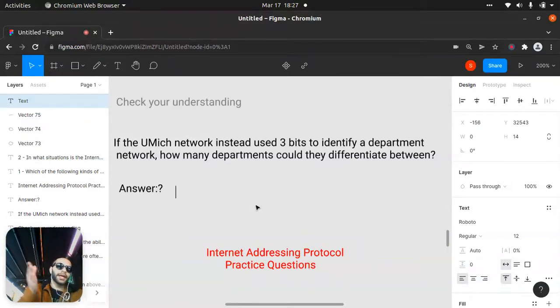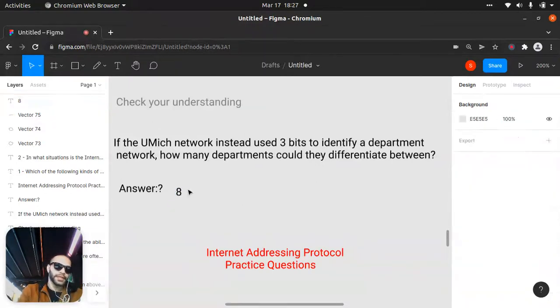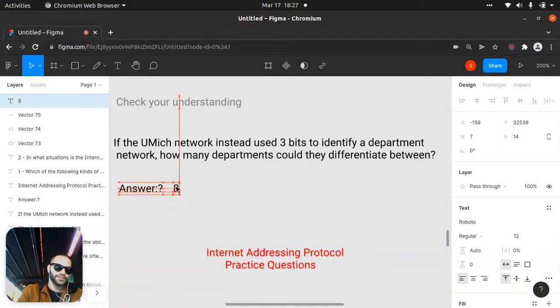There will be 8 places, 8 departments, and each department will have their 16,000 devices. Let's say 8. The answer is 8.